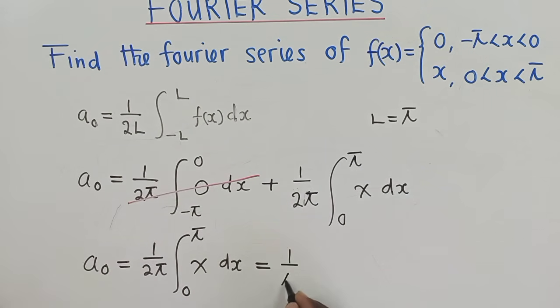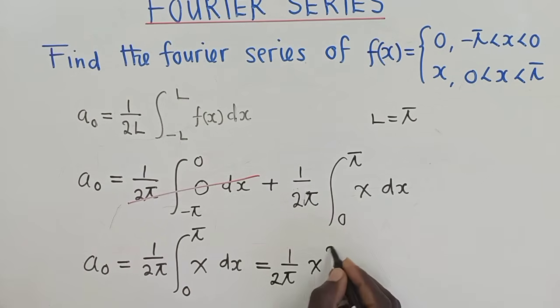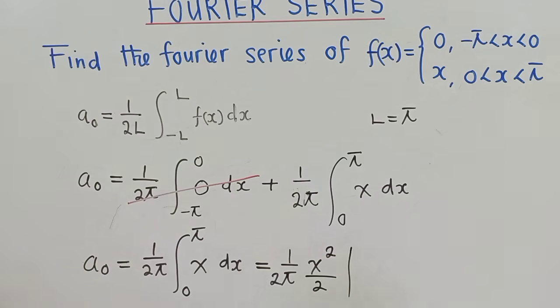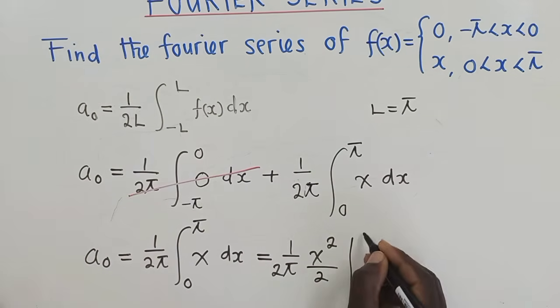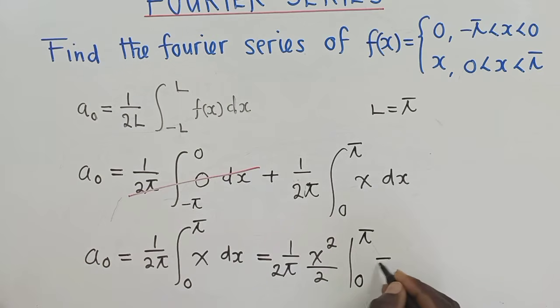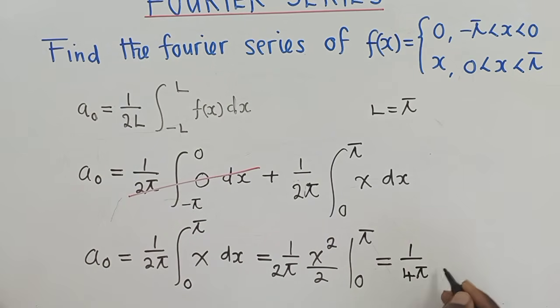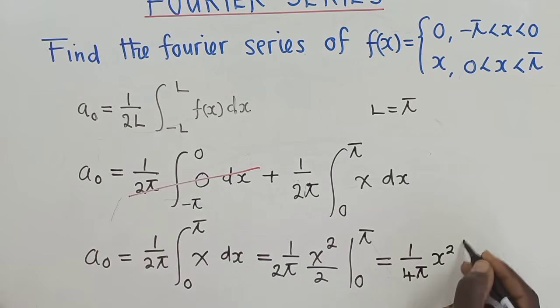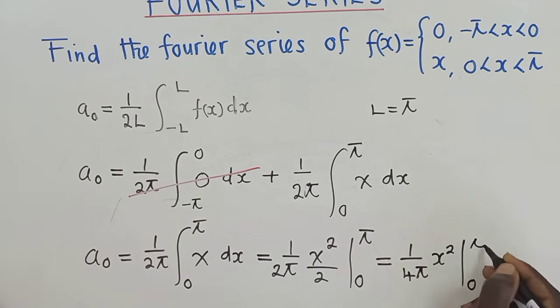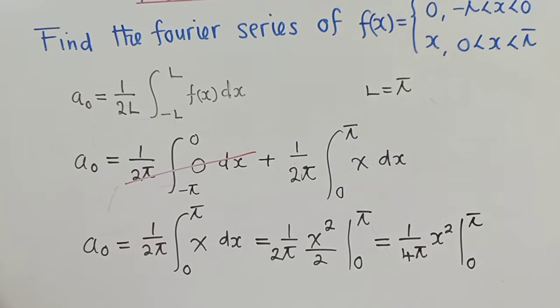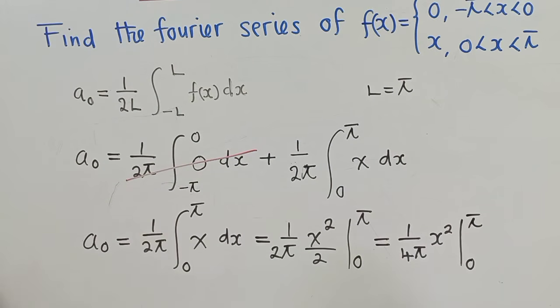We have something like this, x to the power 2 divided by 2. The lower limit there is 0, upper limit is pi. Then when we work out, we have 1 over 4 pi x squared. Just like that, okay? Hopefully you're able to follow here.